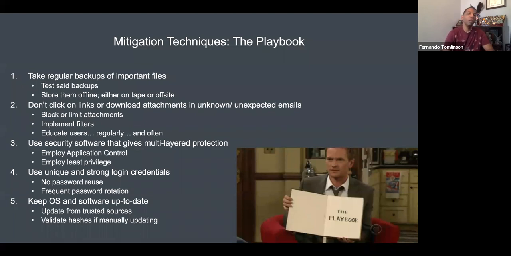We want to enforce it to be a lot stronger than what it is and rotate those things quite often. Now, when we look at keeping our operating systems up to date, we want to do this from a trusted source, do validation, and we don't want this to be a manual process because that induces human error. And in some cases, humans just decide not to do it.